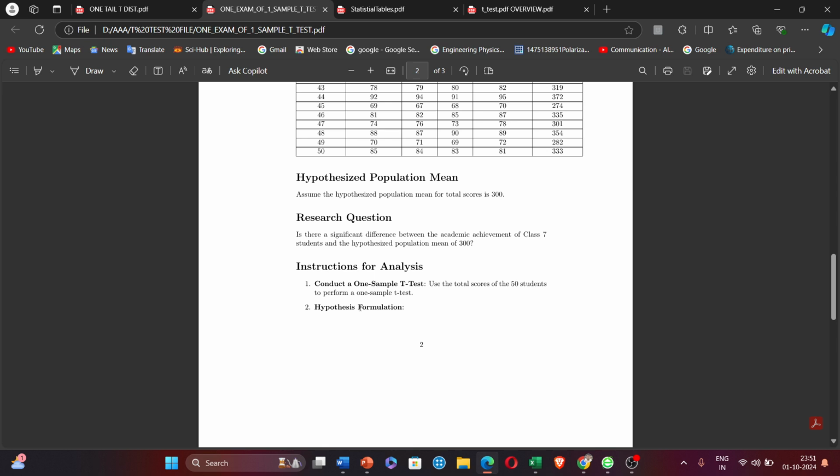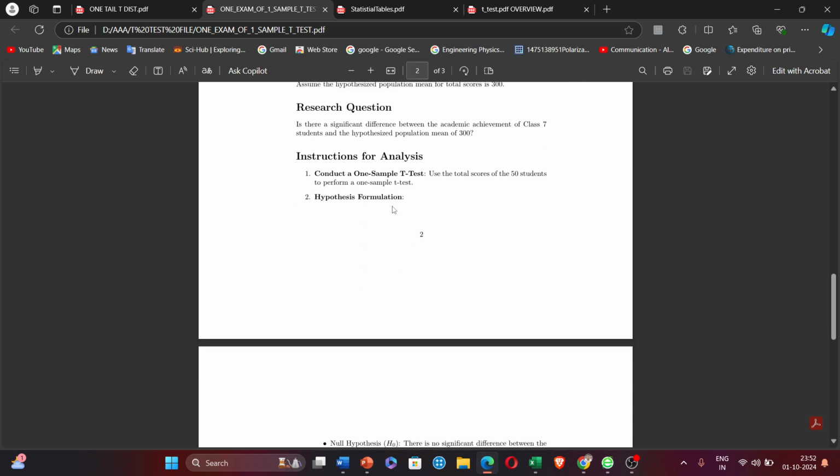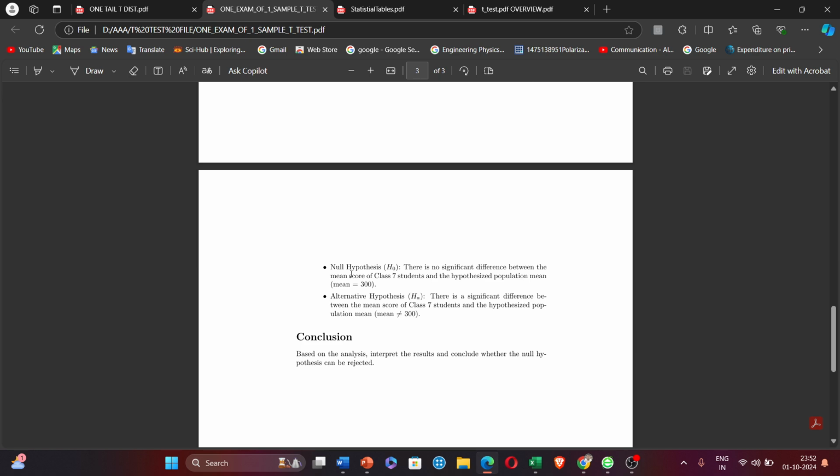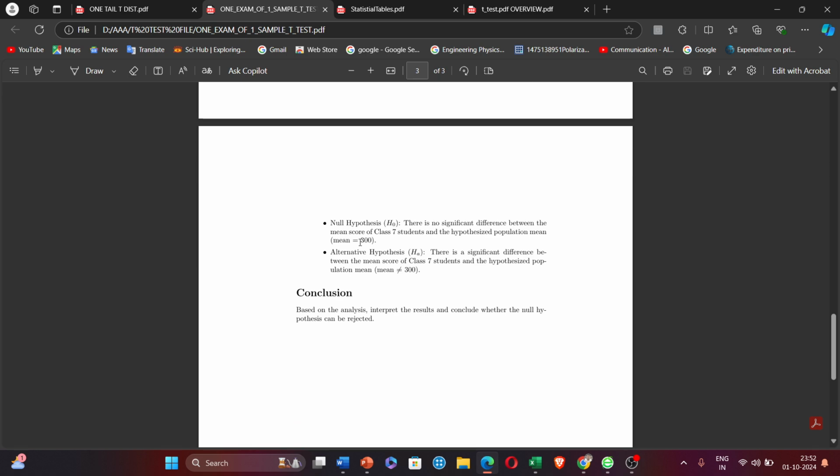For the analysis, first you have to find the total score of the 50 students. It may differ, for girls and boys all together, for any particular subject. Now, hypothesis formulation: you will find two kinds of hypothesis, the null hypothesis and the alternative hypothesis.